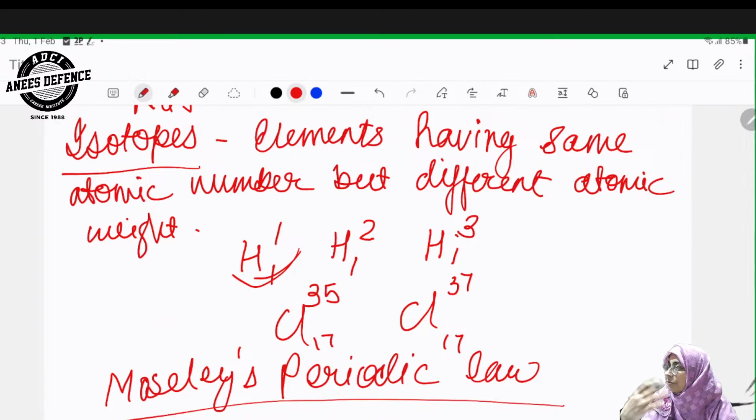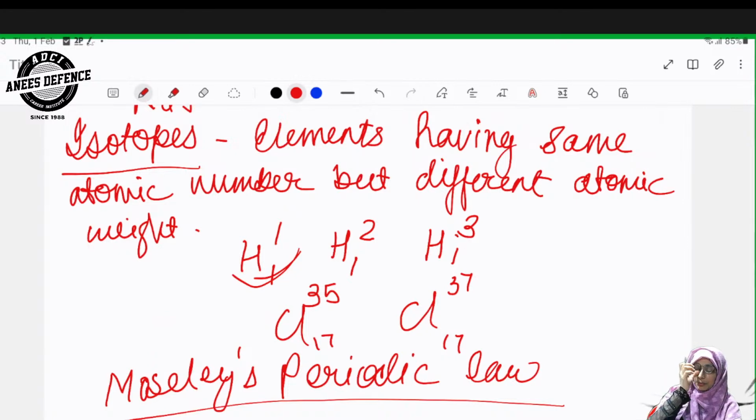So that is what we are using today. His periodic table is still working, means people are following this table today.